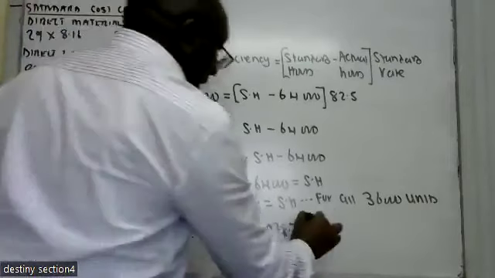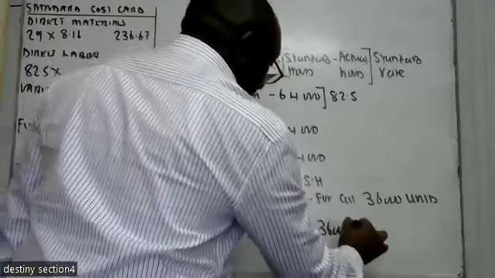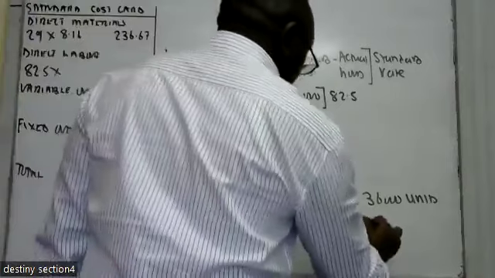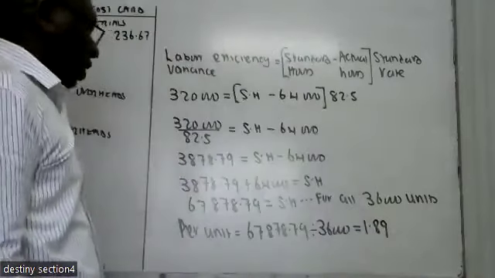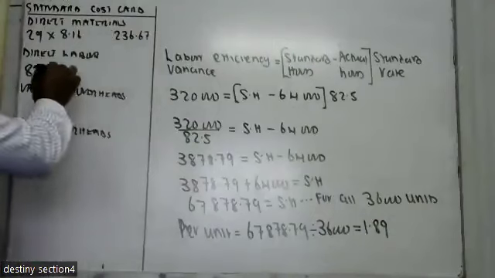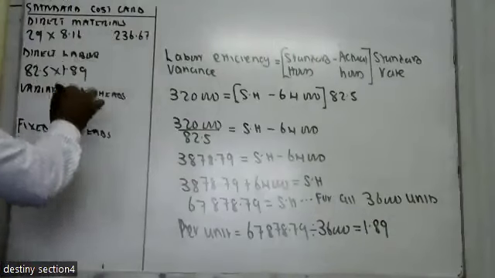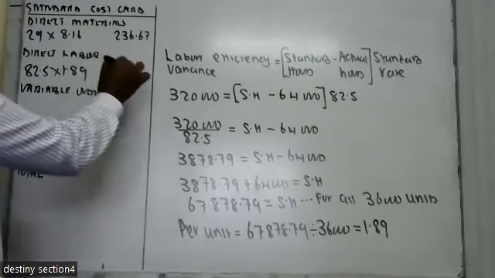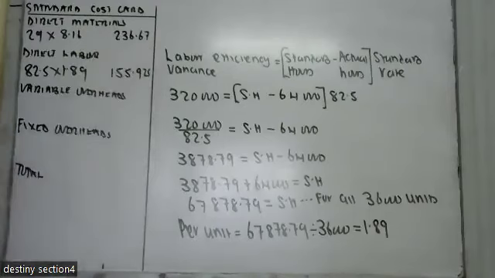You divide by that 36,000. 1.89 hours. Now you go up and put in that 1.89 and multiply. 155.925.